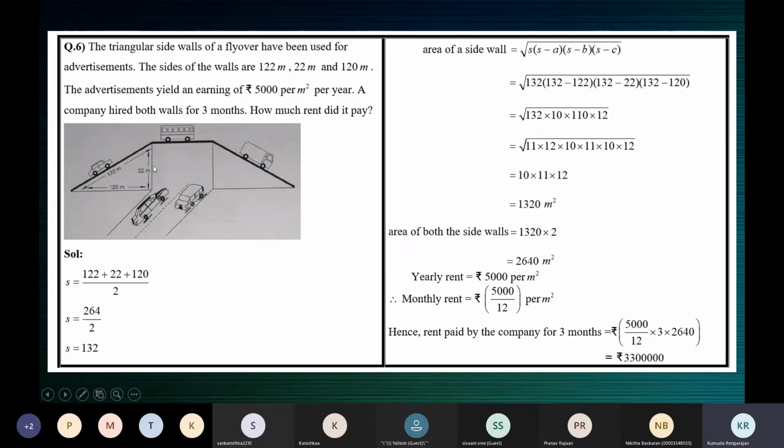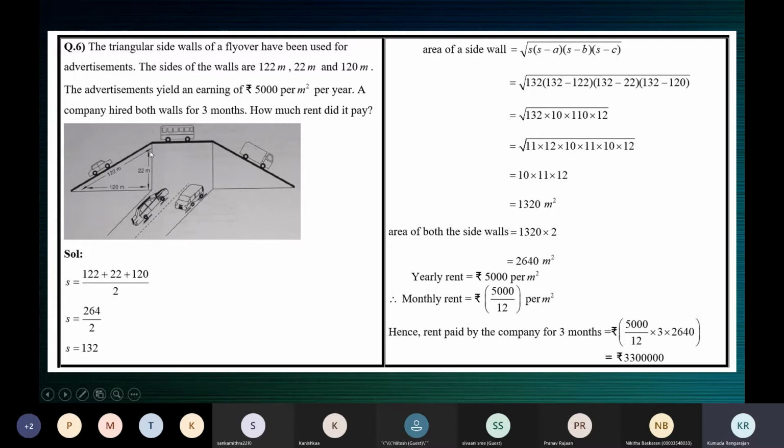Since a square plus b square is equal to c square, the angle opposite the longest side is a right angle. So this is a right triangle. You can find its area using the formula half base into height: half into base 120, and the altitude corresponding to this base is 22.